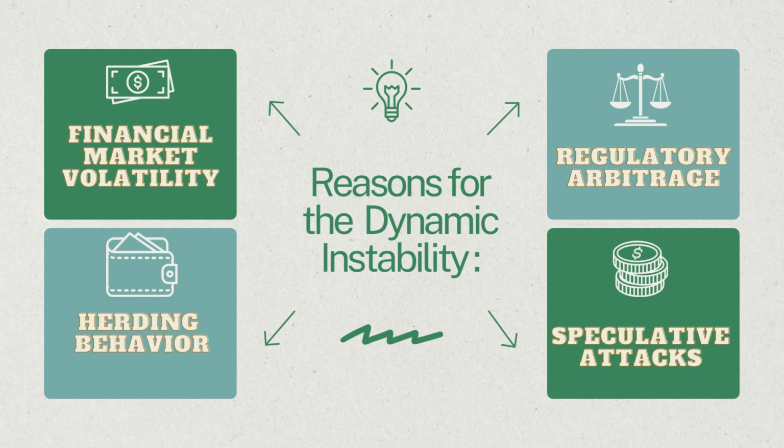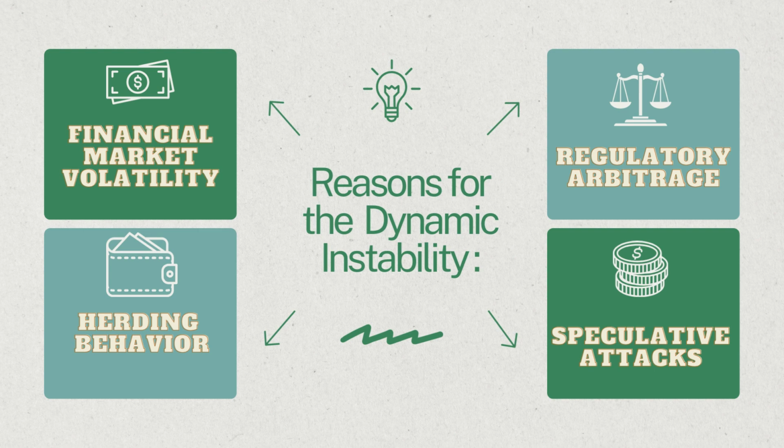The third one is regulatory arbitrage. Regulatory arbitrage is when investors take advantage of differences in regulations to avoid taking the full risk of their investments. This can lead to financial instability if investors are not taking the full risks of their investments. Another one is speculative attacks.